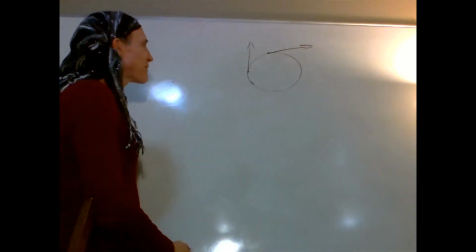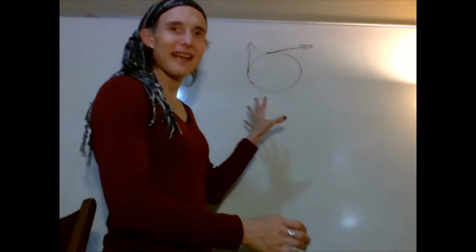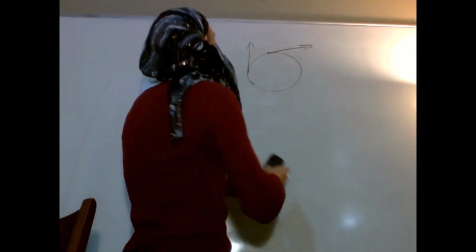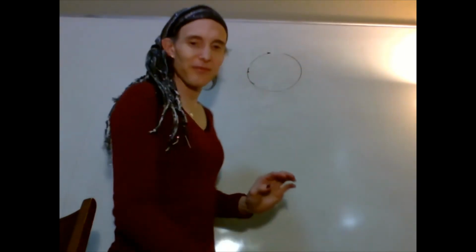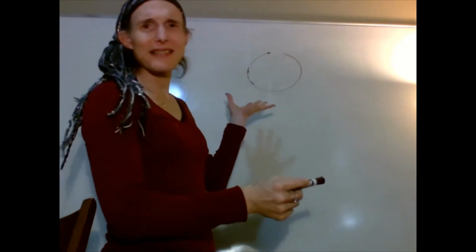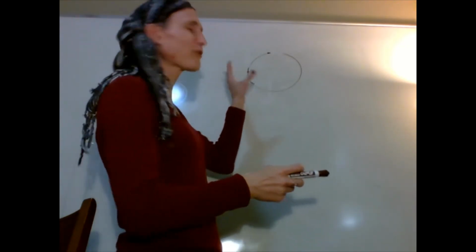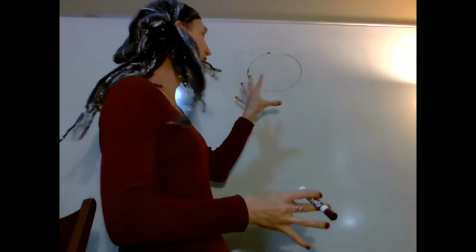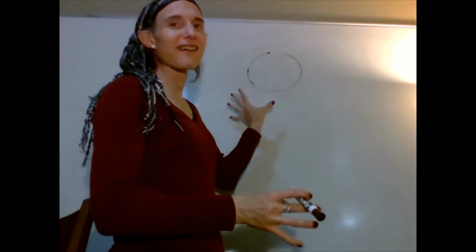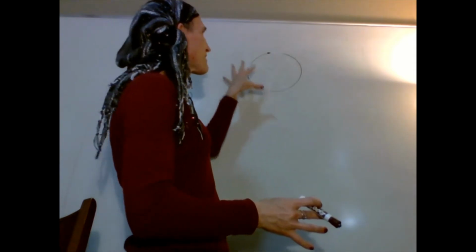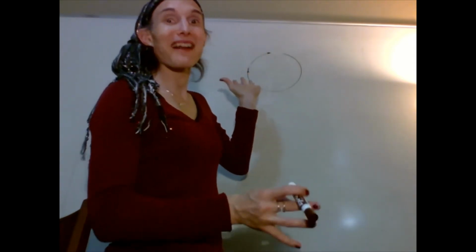All right, free body diagram for circular motion, though. For something in orbit around something else, like if gravity is the only force, like a satellite around the Earth, or a moon around a planet, or a planet around a star, then there's only one force. You hardly need a free body diagram.